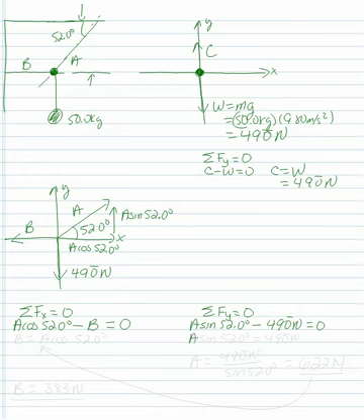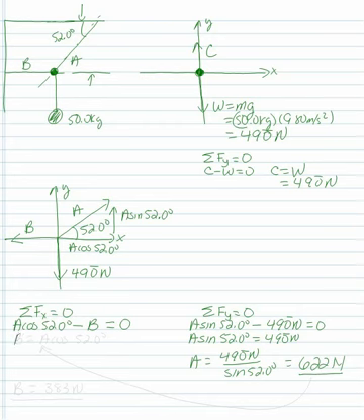A sine 52 equals 490 newtons. So that says A is 490 newtons over the sine of 52 degrees, which is 622 newtons. That is the tension in rope A. Well, to get the tension in rope B, we're going to substitute.